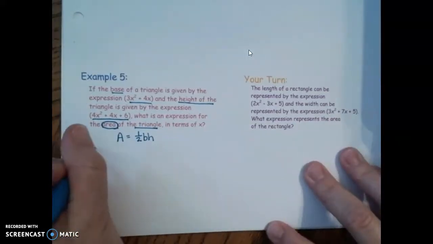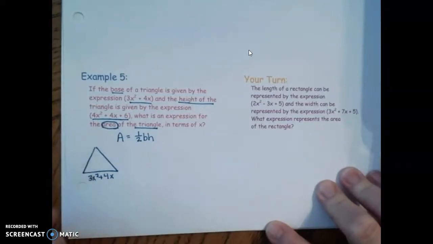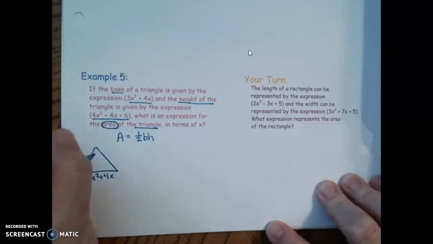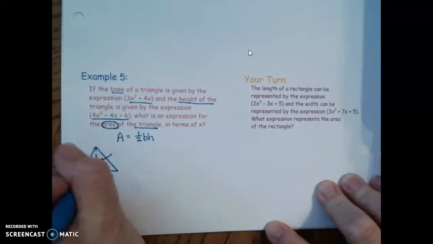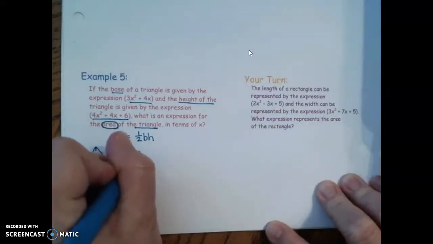So let's give ourselves a visual of what we're talking about. So the base is 3x squared plus 4x, and then the height is going to come straight down to form that right angle, is 4x squared plus 4x plus 6.